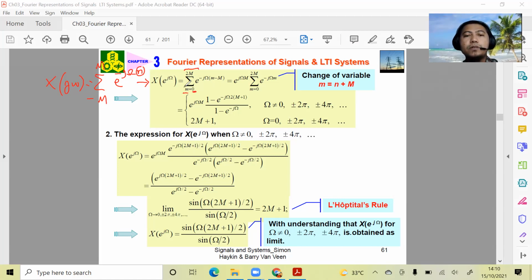Actually, the purpose is only for simplification. Since m is just a constant, we don't change m. The only change is in the variable, so we can write it like this.